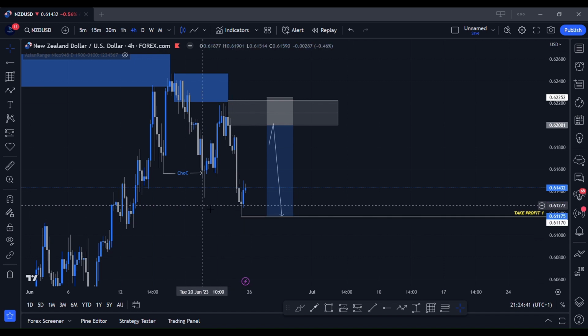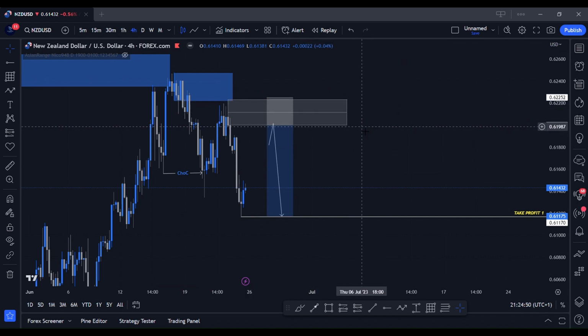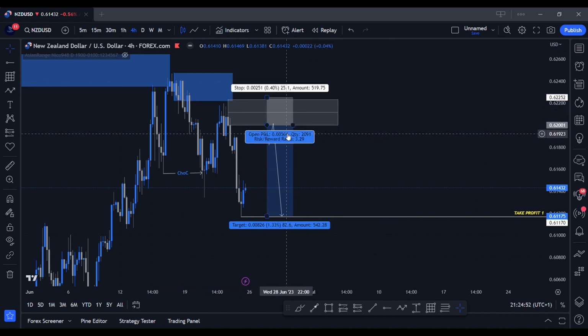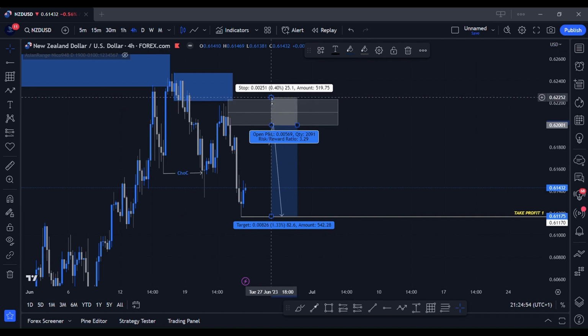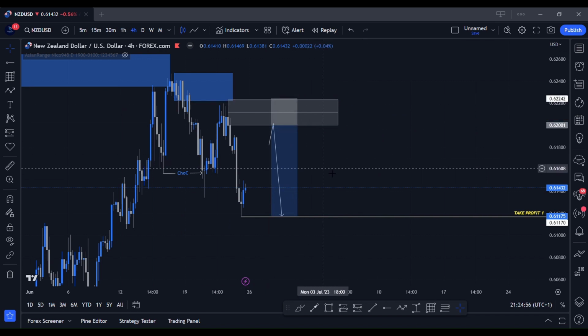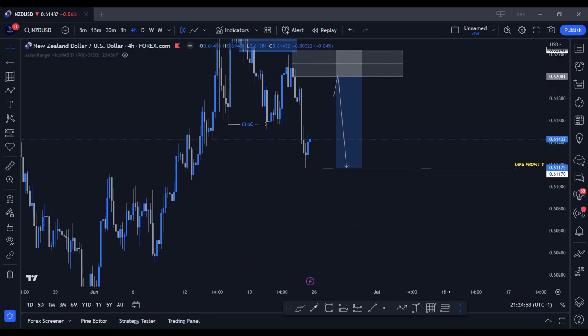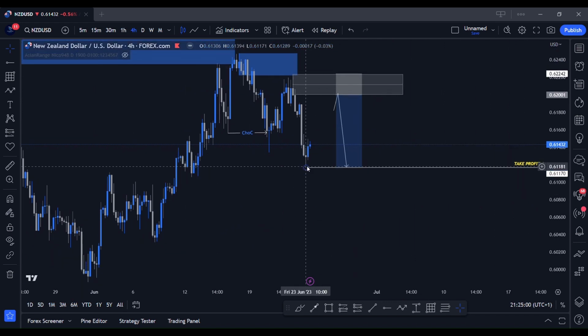So it's very, very important to understand what market candles we look at and where we identify our supply and demand zones so that we can enter and have a nice return. And then this area will be my first take profit area.